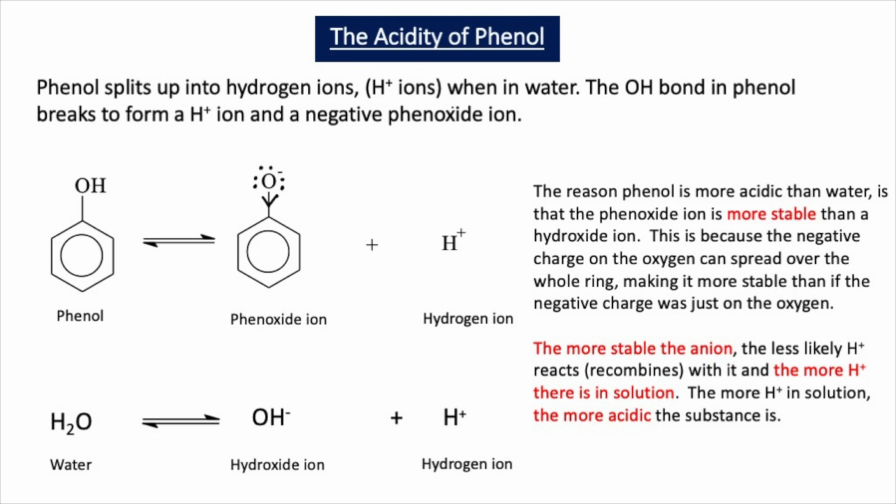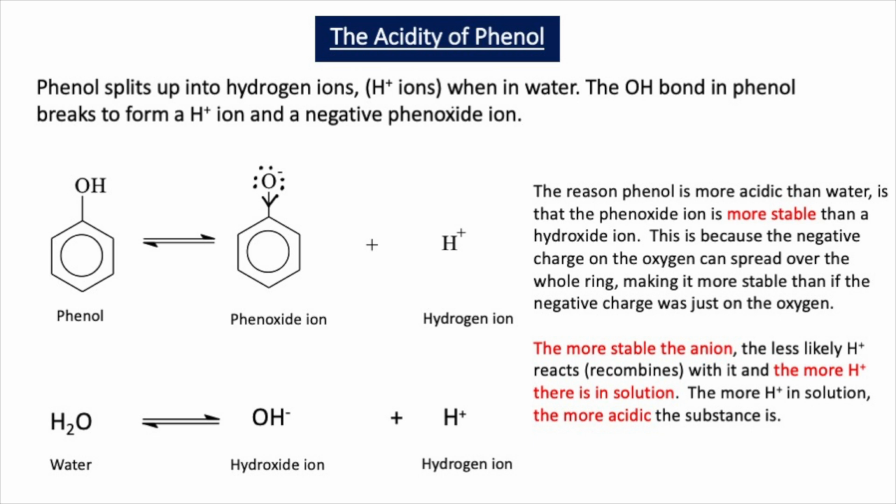Now in the hydroxide ion, there is nothing to take the electrons away from the O, so therefore this ion is less stable than the phenoxide ion, there's less H+ in solution, and it is less acidic.